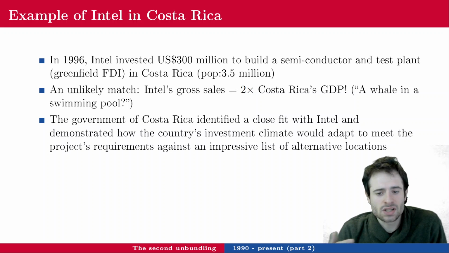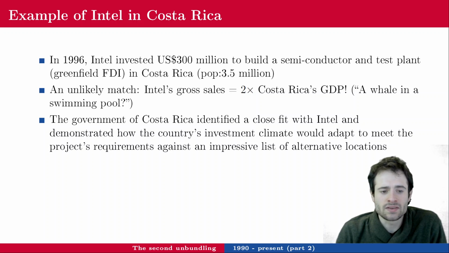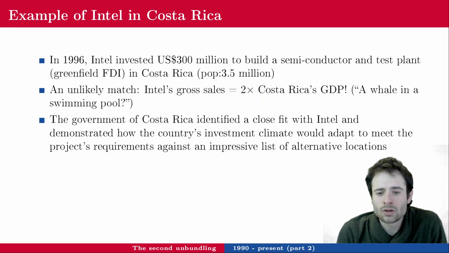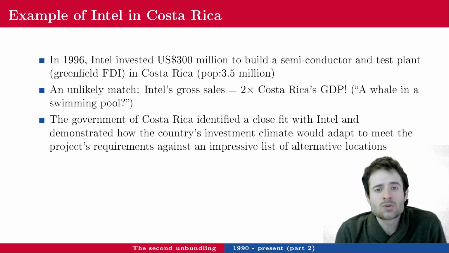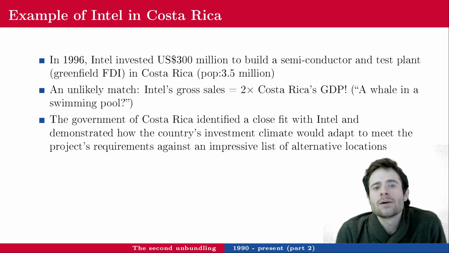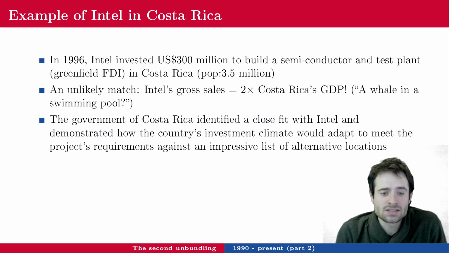So the government of Costa Rica identified a close fit with Intel because, of course, Costa Rica would benefit from this foreign direct investment, and demonstrated how the country's investment climate would adapt to meet the project's requirement against an impressive list of alternative locations. So they pretty much built a case to keep Intel investing in Costa Rica.